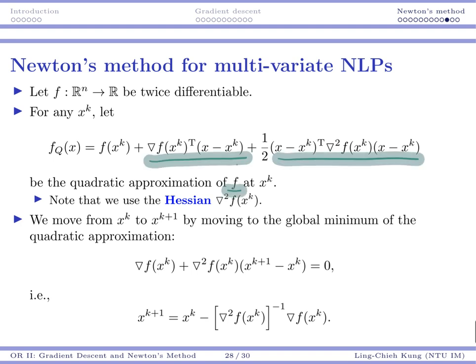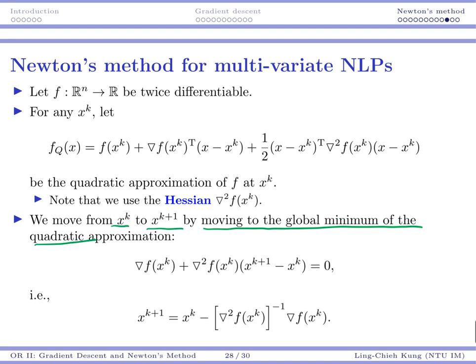So if you do that, now we are ready to derive the formula for Newton's method. We will move from xk to xk plus 1 by moving to the global minimum of the quadratic approximation. And don't forget what we are trying to do: suppose this particular function has an upward curvature.